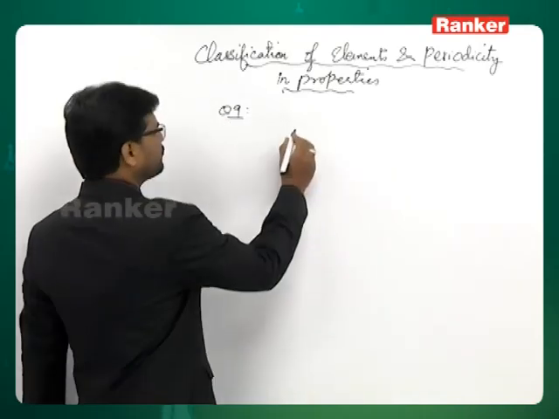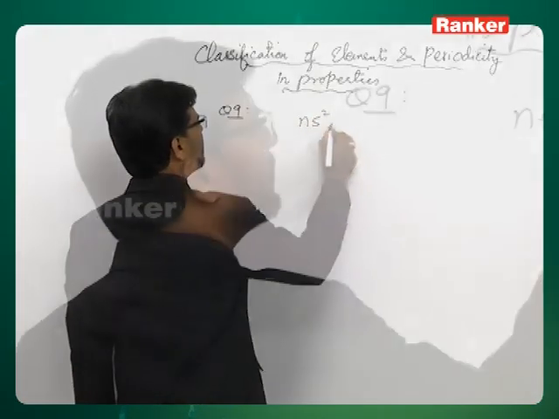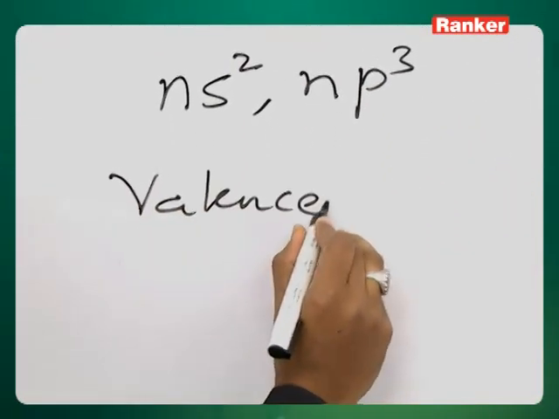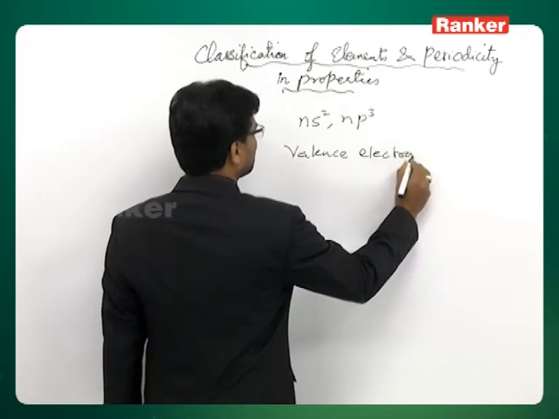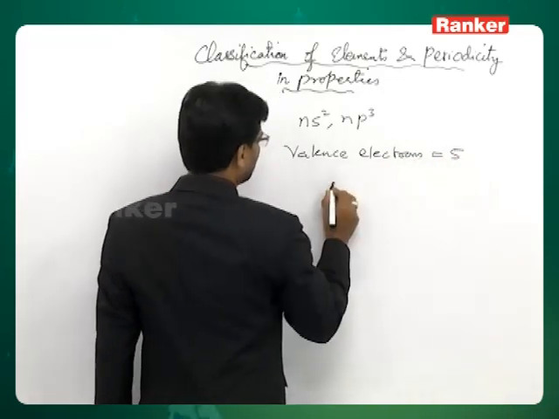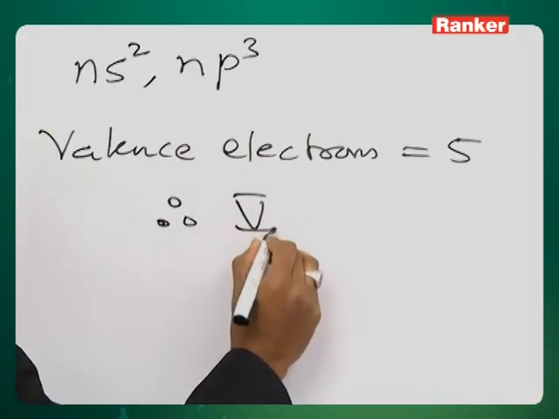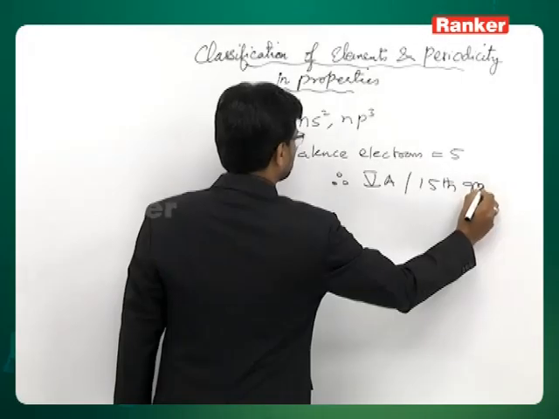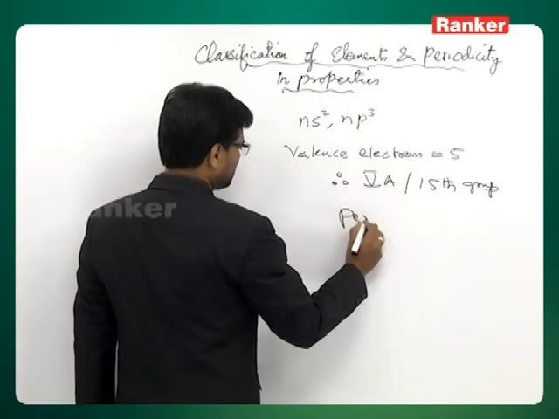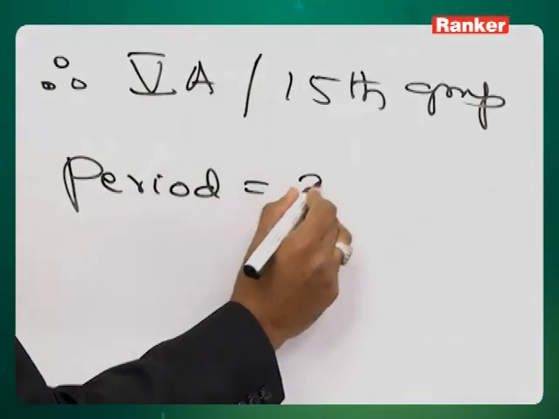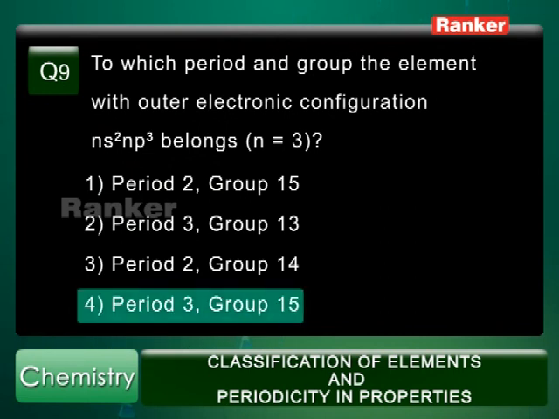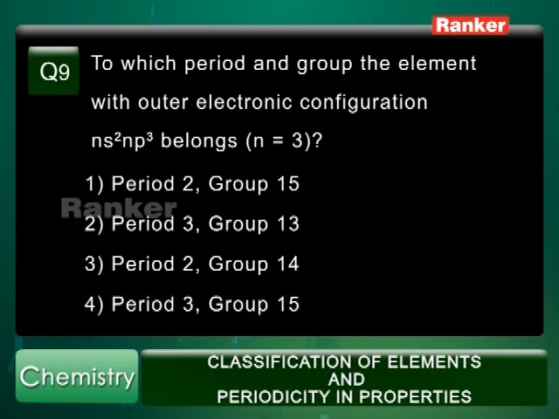When we say ns2 np3, the number of valence electrons is 5. Therefore, it belongs to 5A group or 15th group, and the period number is third. So the correct answer is fourth option, 15th group and third period.